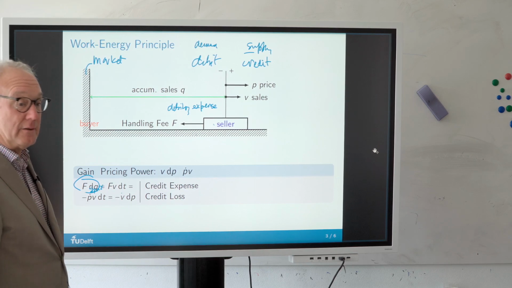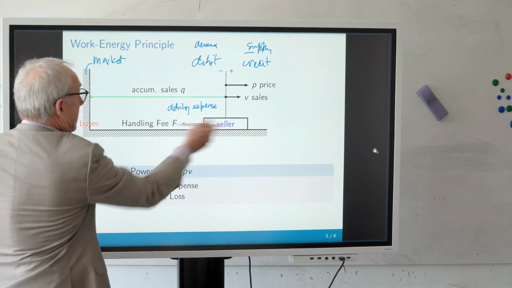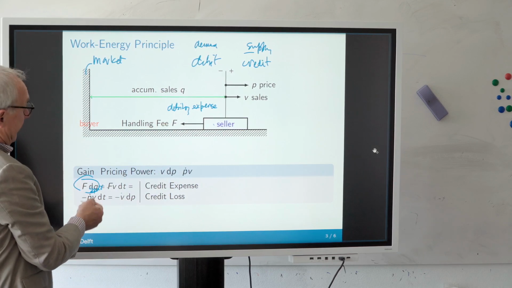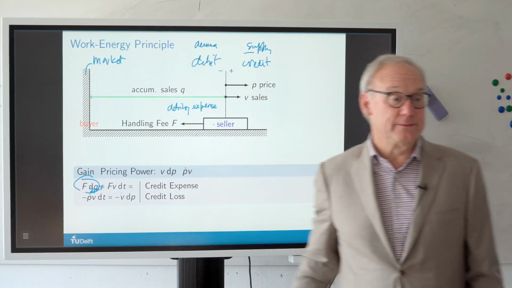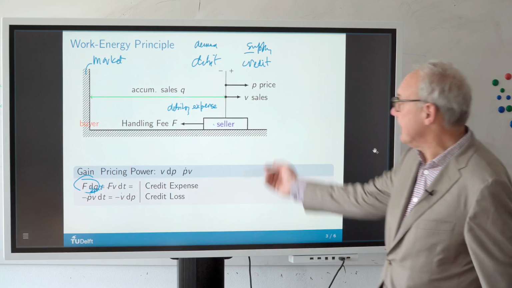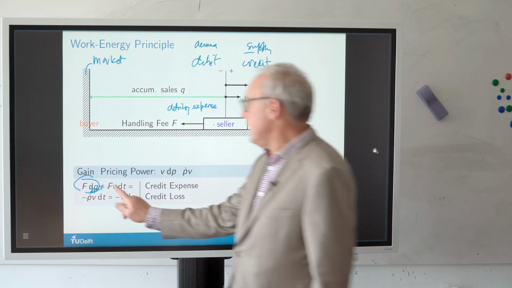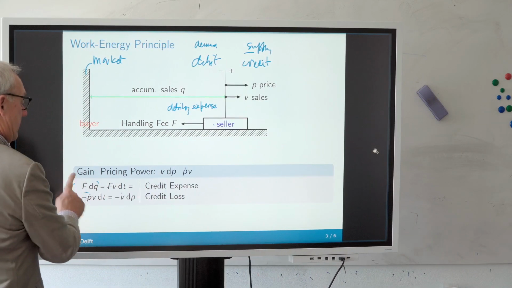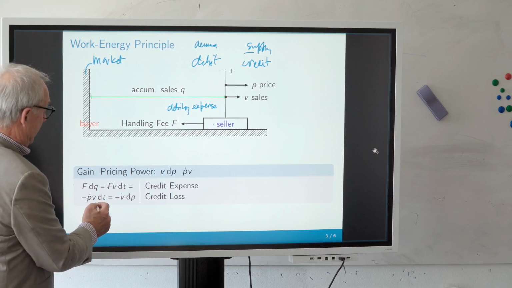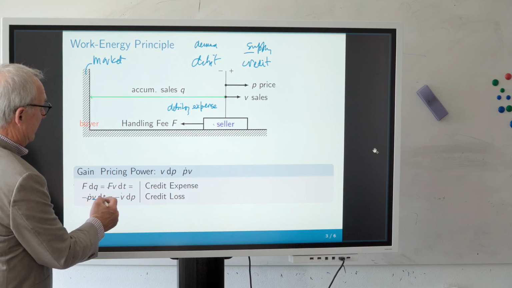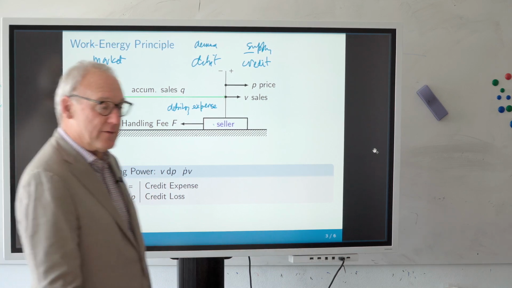But then I know that this force that's debiting is going to have a credit component that's going to lower the price, right? The other way around. This is a negative force, so that effect has to be negative, all right? So this is going to be equal to that, and then all I do is realize that V dt is P dot dt is equal to dP.